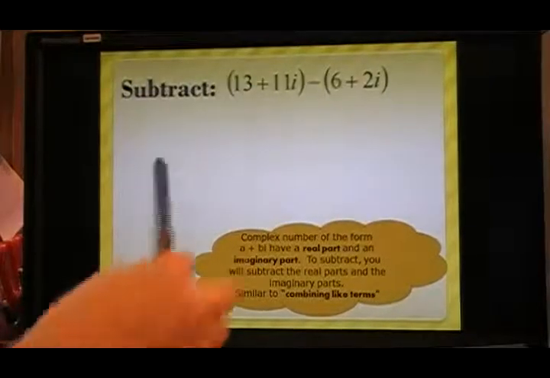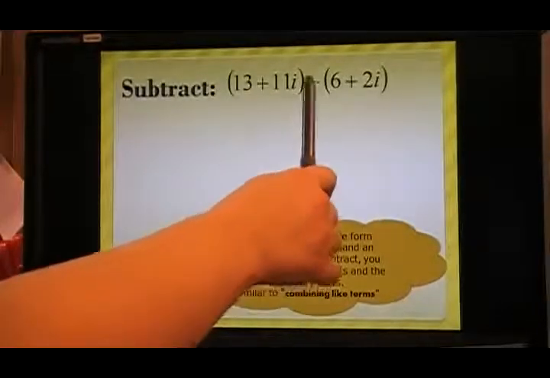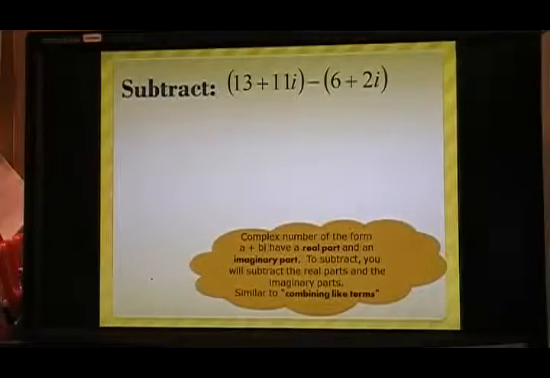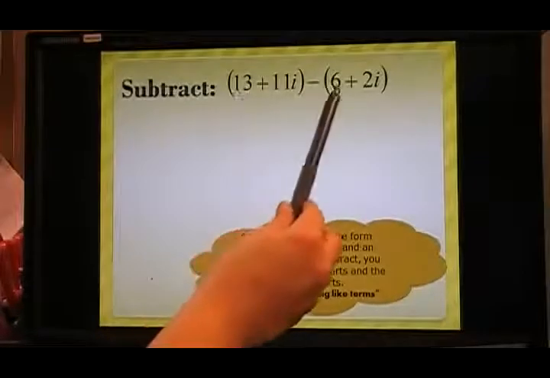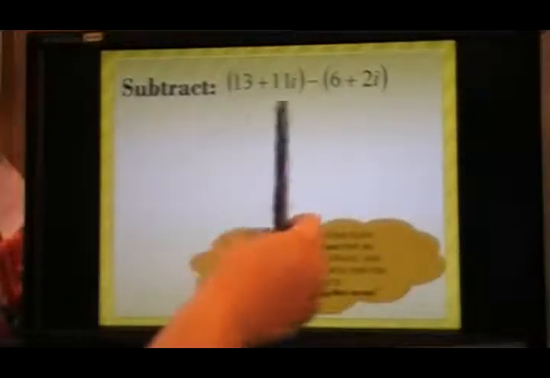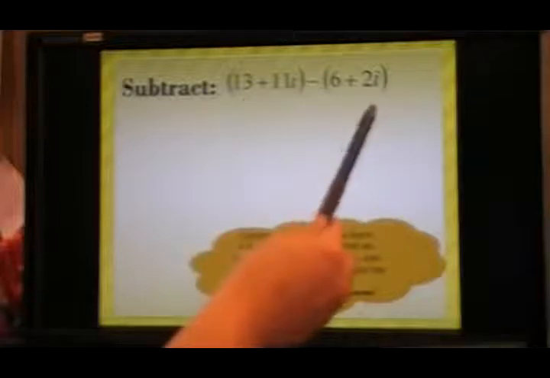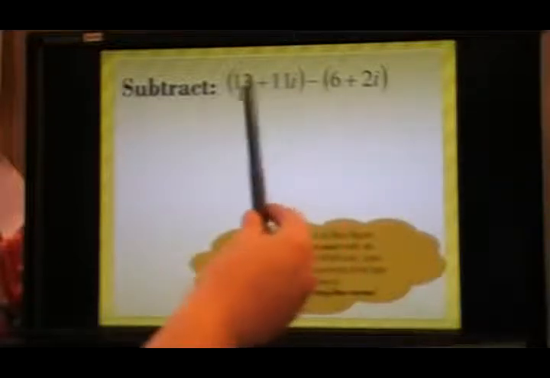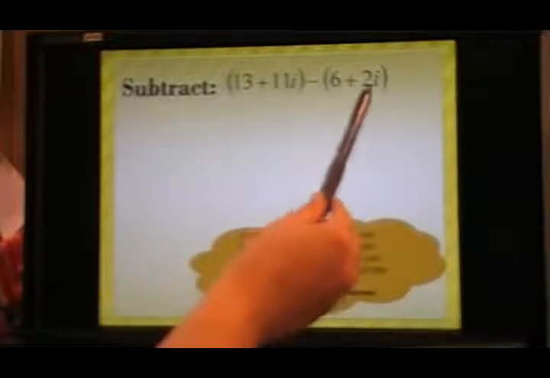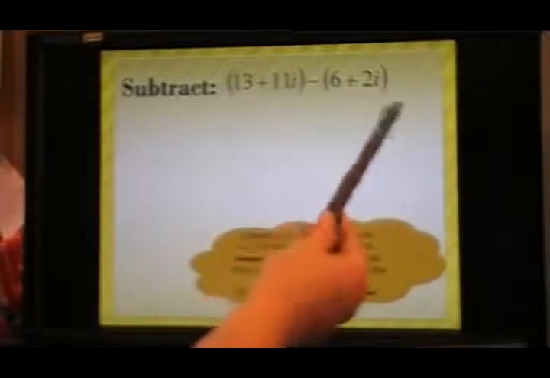Doing a subtraction. So if I want to take this complex number and subtract this complex number, a lot of times we say, well, this is the real part and this is the imaginary part. And so when you're working with addition or subtraction of complex numbers, you can, depending on the sign, add or subtract the real parts, add or subtract the imaginary parts.